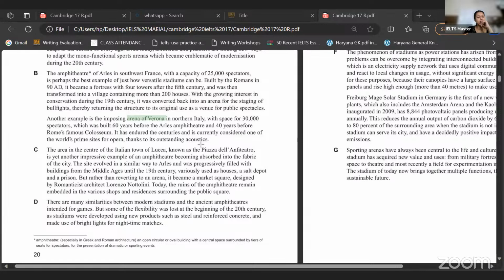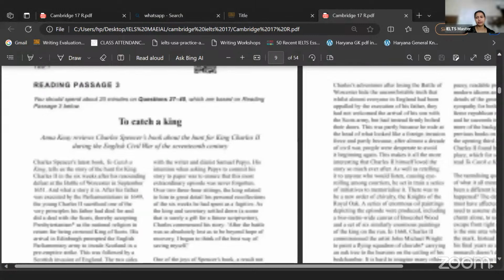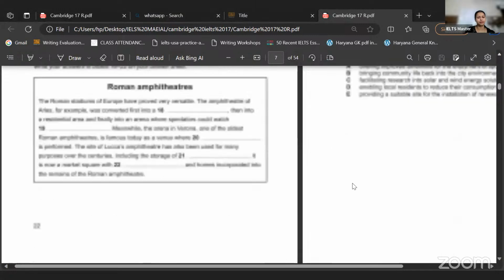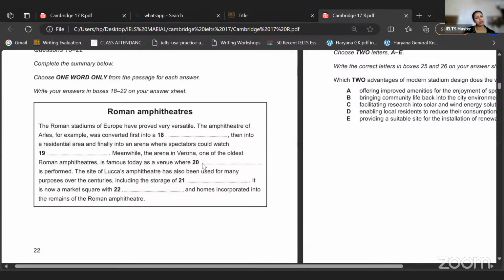It has endured the centuries and is currently considered one of the world's prime sites for opera. For what? For opera, one of the prime sites. Famously today as a venue where opera is performed.